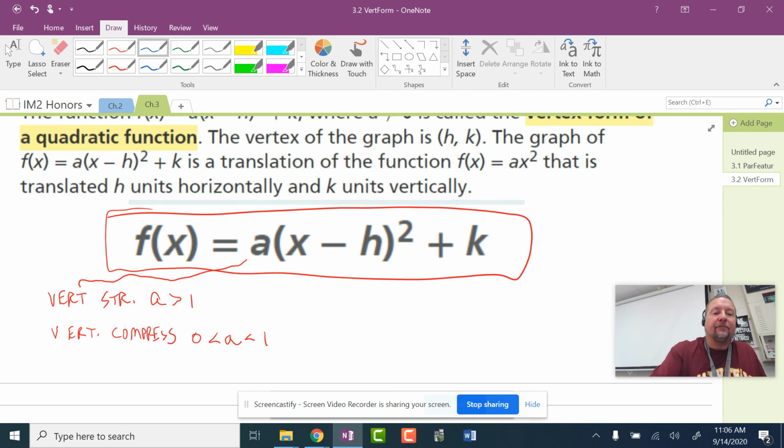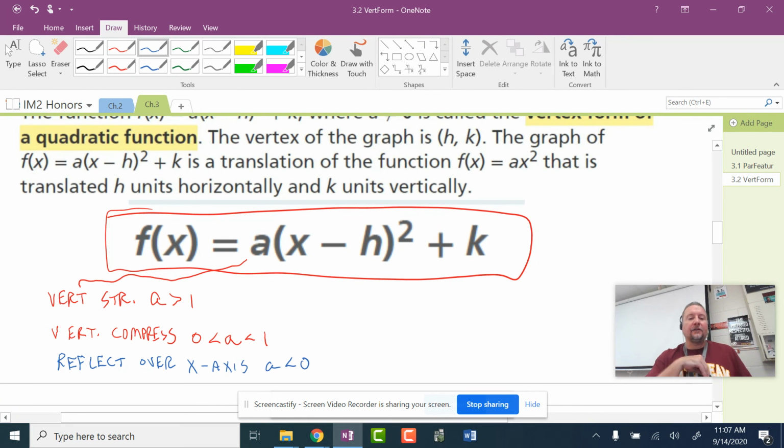And it's a reflection over the x-axis if A is negative, so I'll say A less than 0. That's why we have these conditions for vertical compress and stretch. Negatives have nothing to do with the compressions or stretches. If A is less than 0, then it's reflected over the x-axis.